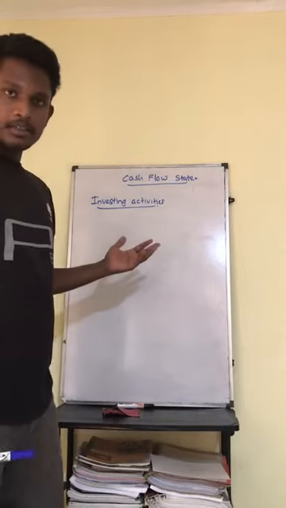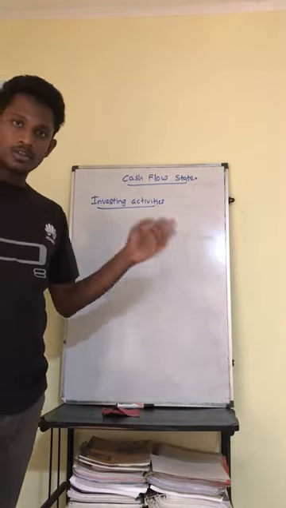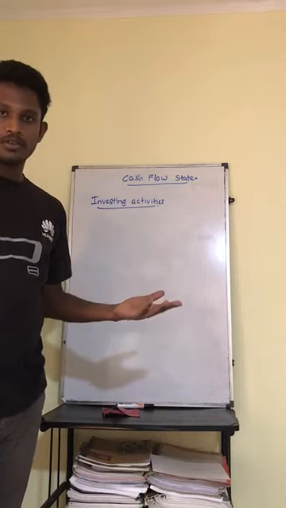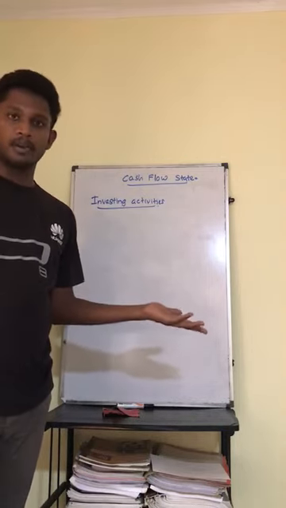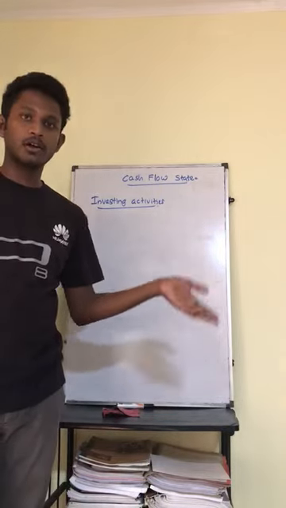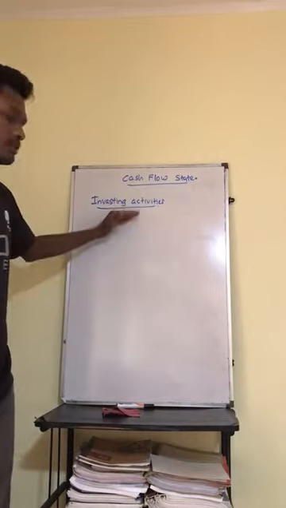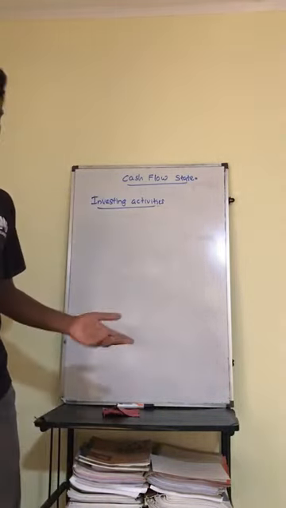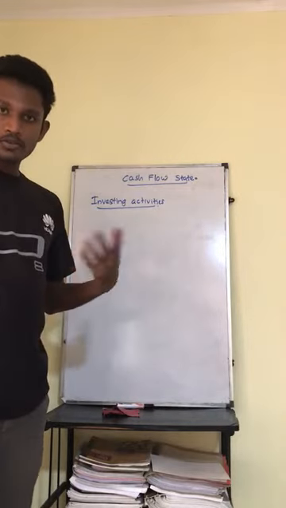So as I said earlier, whether the direct method or the indirect method, investing activities and financing activities are the same. So the examiner may ask you to prepare the cash flow statement based on the indirect method or the direct method. The investing activities are not going to change for both methods. So what are those investing activities?